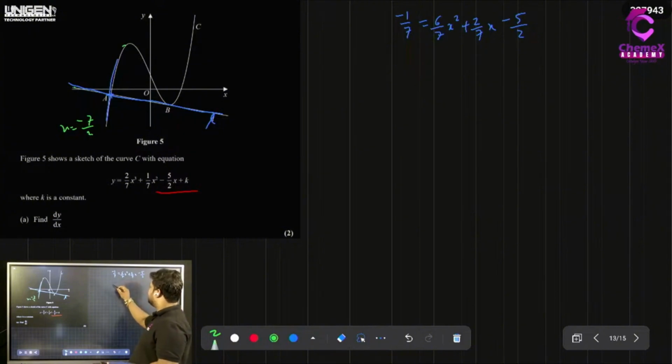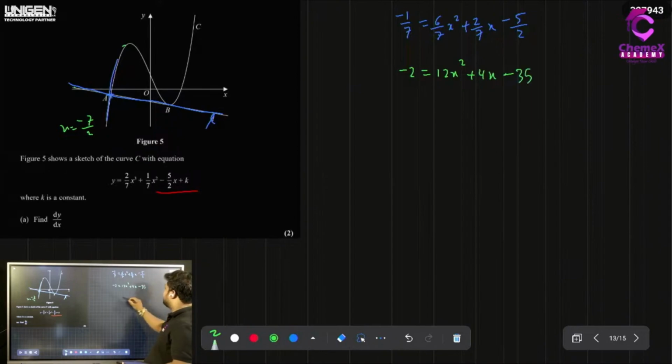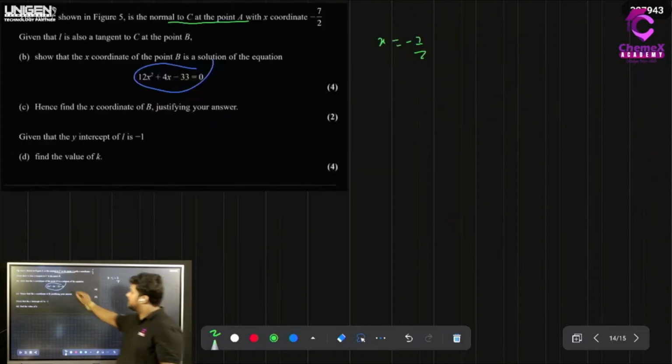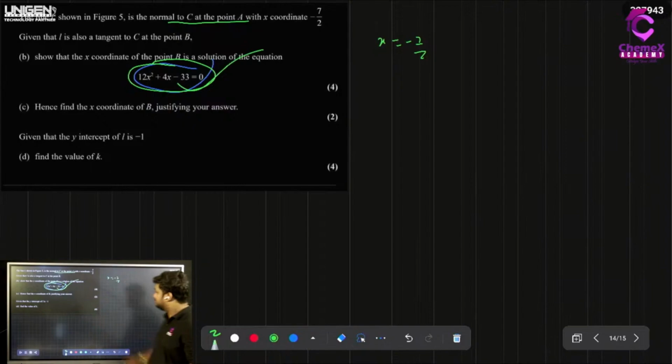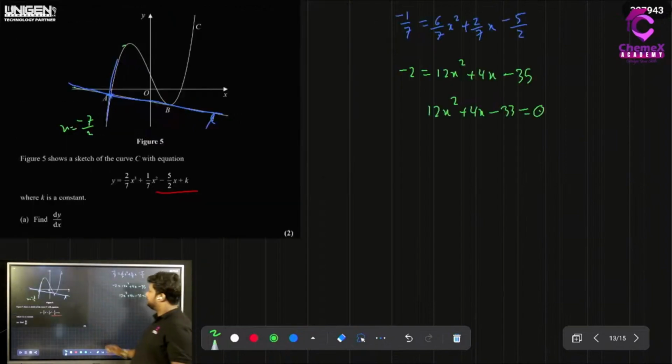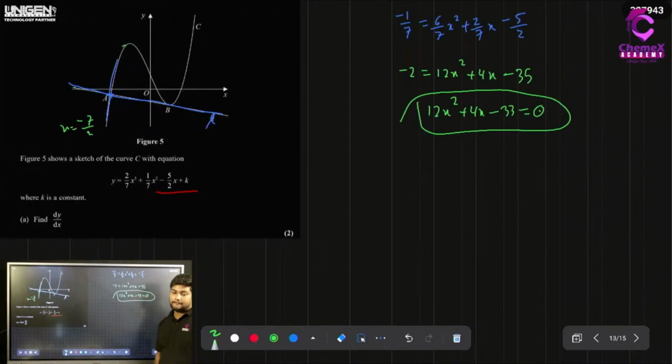So minus 2 equals 12x squared plus 4x minus, so times 14 means 35. So then 12x squared plus 4x minus 33 equals 0. So did you get the same equation they asked to show? Exactly the same thing. Did you understand or no? Any questions with that?